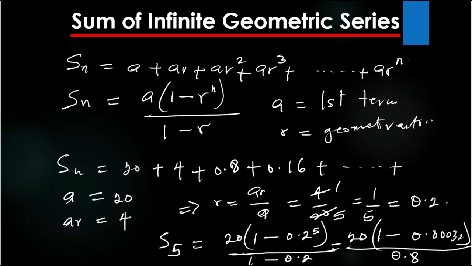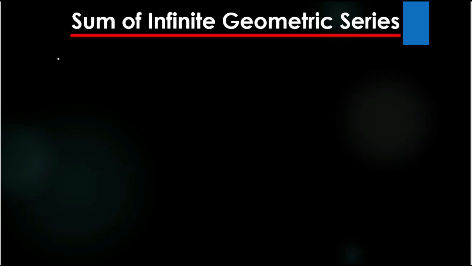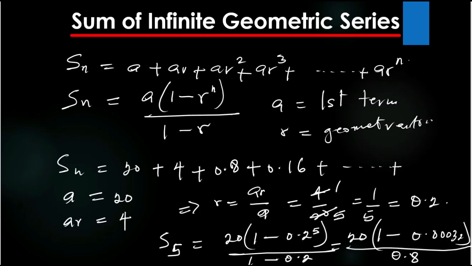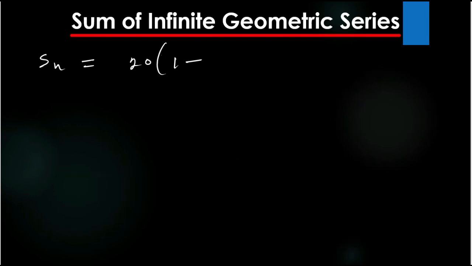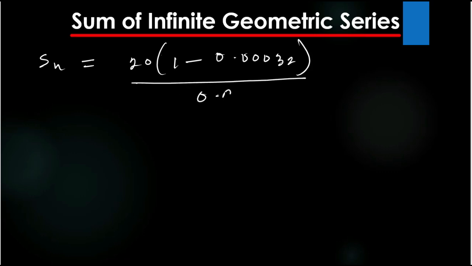Let's pick another slide. So my S5 now will be the same thing as 20 into 1 minus 0.00032 all over 0.8.